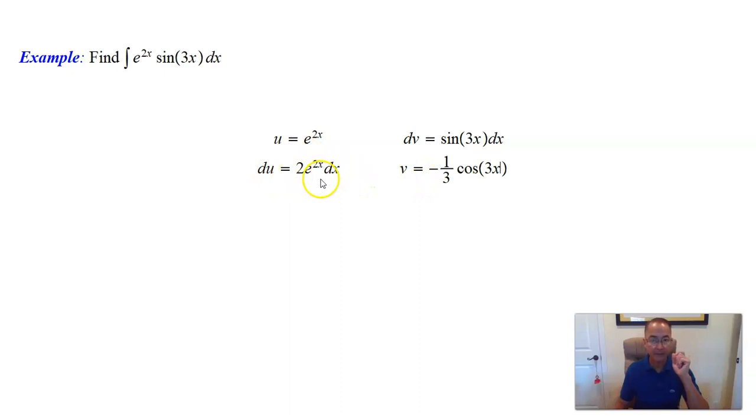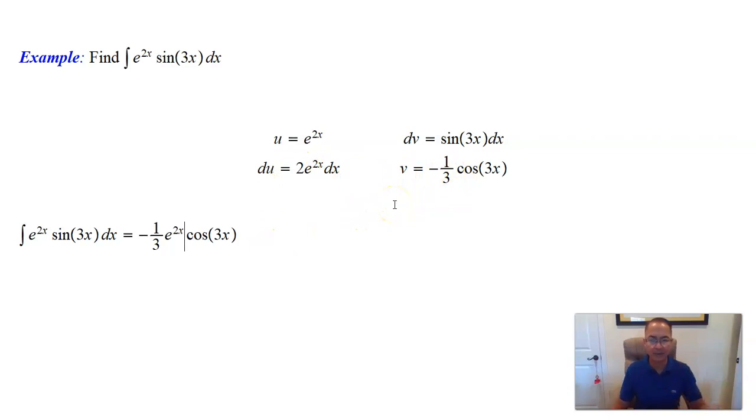We have our du, 2e to the 2x dx from the chain rule. We are ready to plug that into our problem. It's u times v, so we are going to multiply e to the 2x times this. Let's put the e to the 2x to the left of cosine 3x. Minus v du.